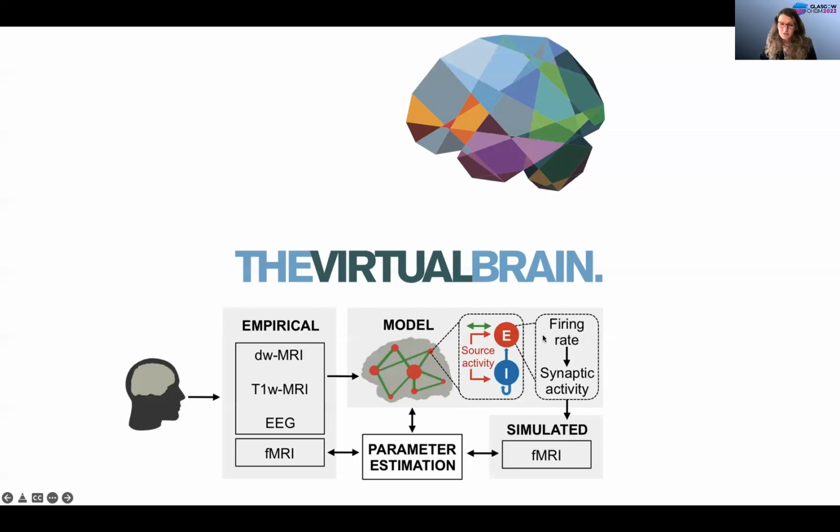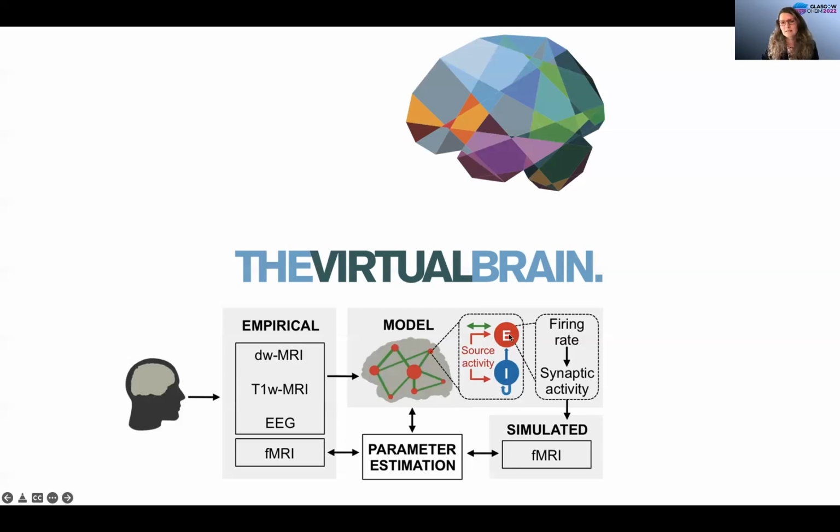And what you need to determine and what you can choose inside the virtual brain is a model. How would you like your brain to work? So in that model, most often we have population models. That means that we don't simulate each individual neuron, but we simulate the average activity of a whole population of neurons. So here, for example, each brain region is given two populations, one excitatory neuronal population and one inhibitory one.